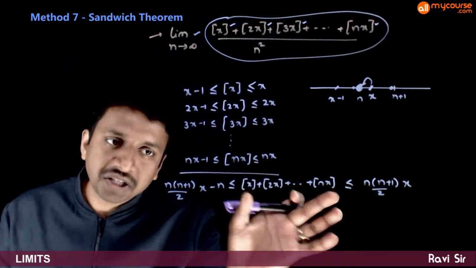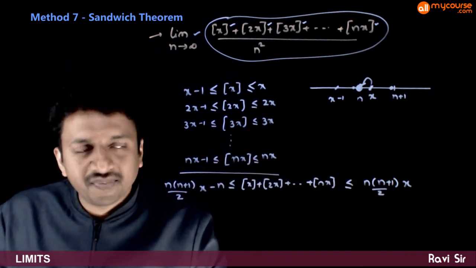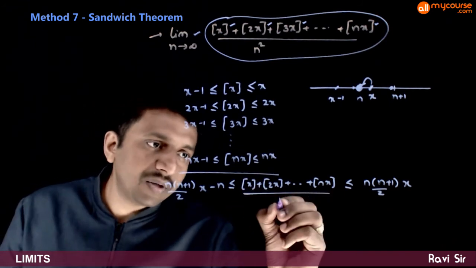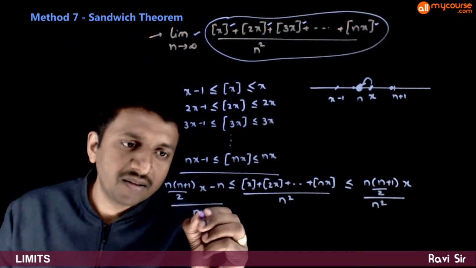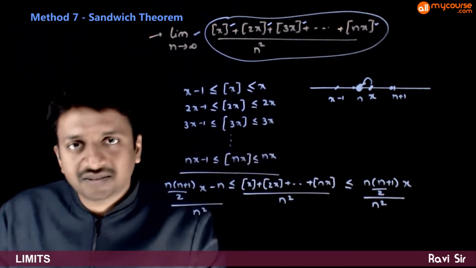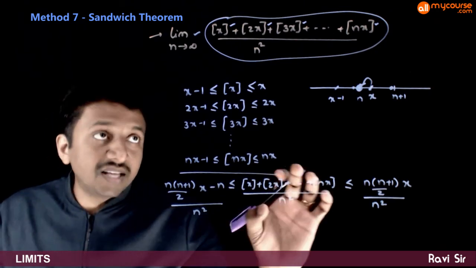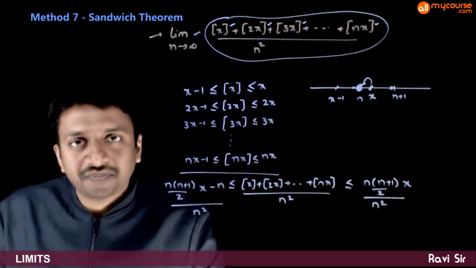Now this function always lies between this number and this number. Now if I divide both of them by n square, the given function always lies between this function and this function.